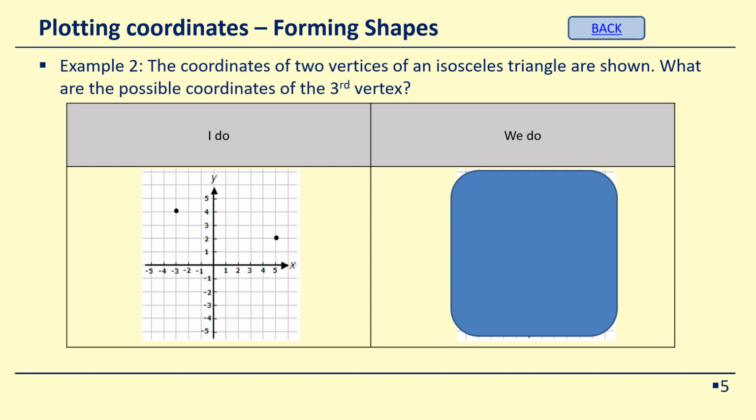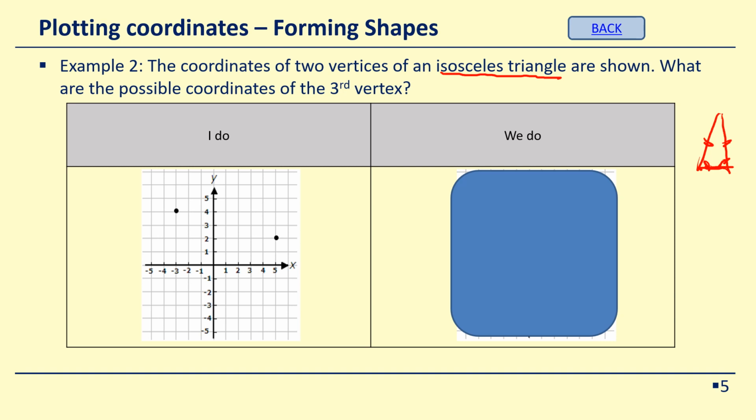In this example, the coordinates of 2 vertices are given. We know what a vertex and vertices are, but do we know what an isosceles triangle is? An isosceles triangle has 2 equal sides and 2 equal angles.